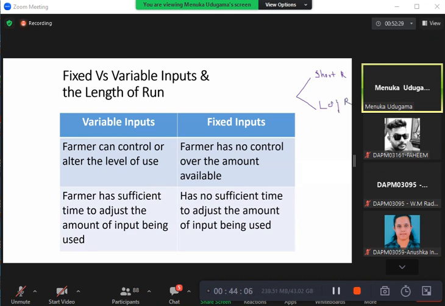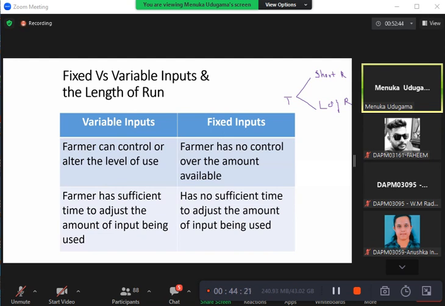But we will also see sometimes there's a medium run, but here we will only talk about short run and long run time or duration, right? So short run and long run is important to understand the difference between these two inputs.